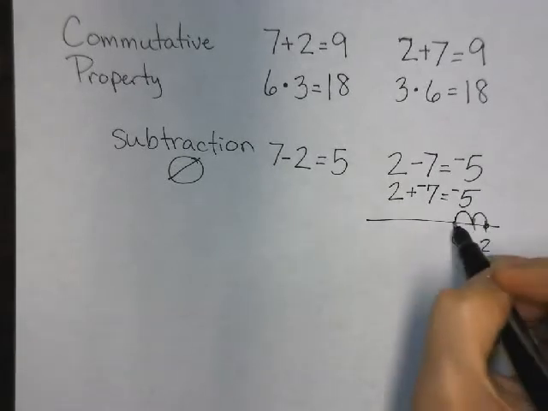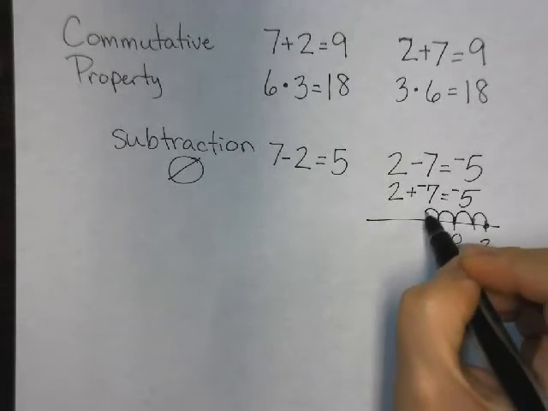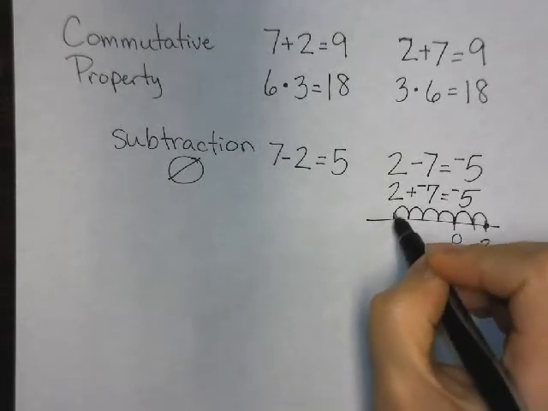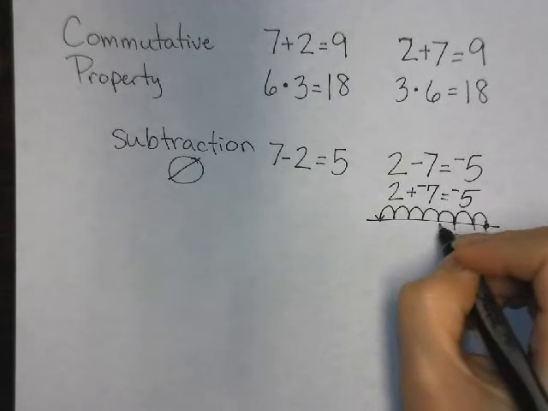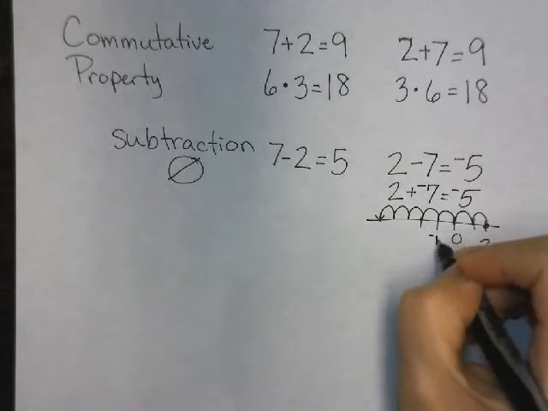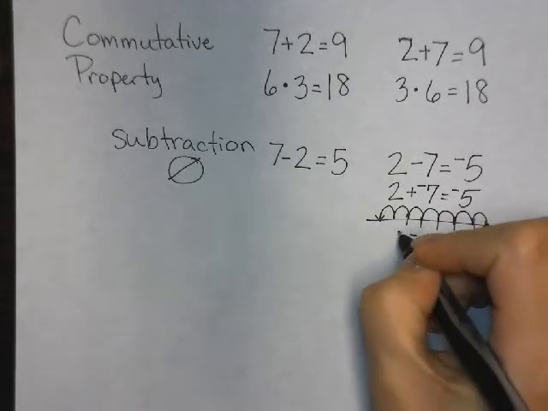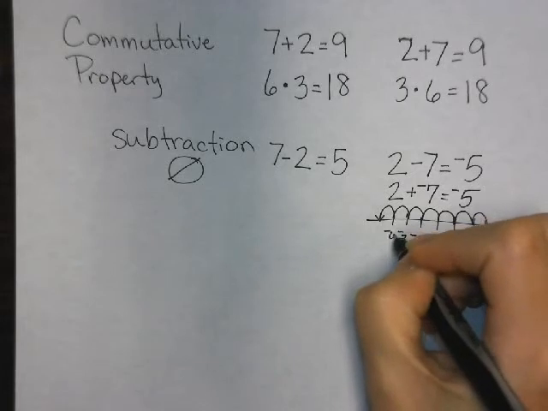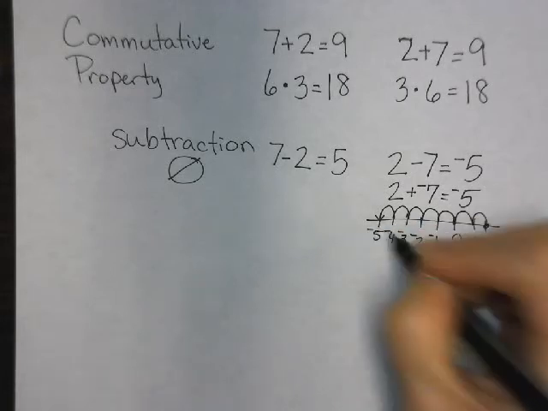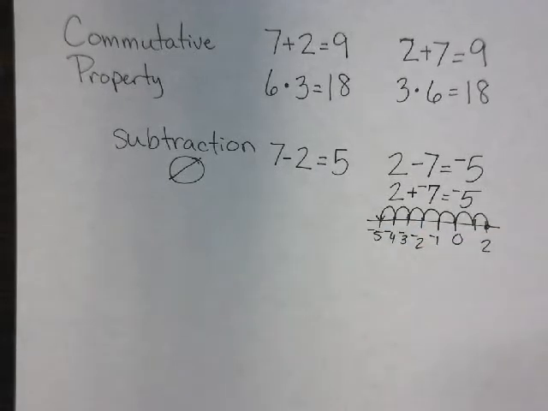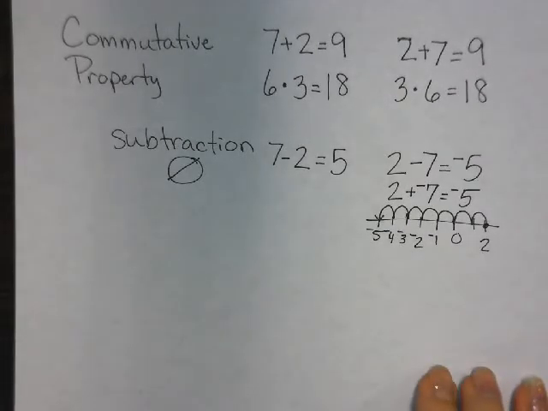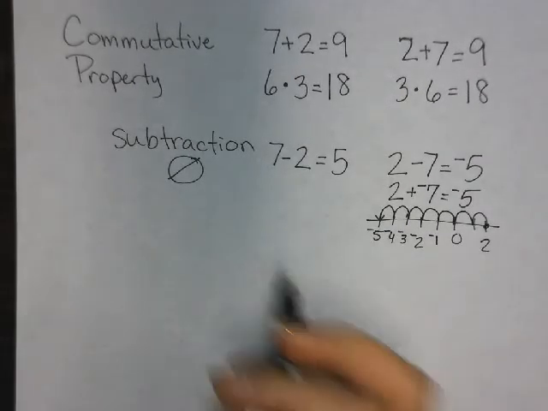So I would have to hop back 1, 2, 3, 4, 5, 6, 7 spaces, and would end up at negative 5. This does not work with subtraction.